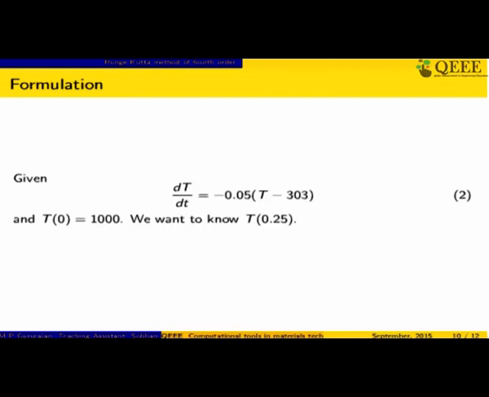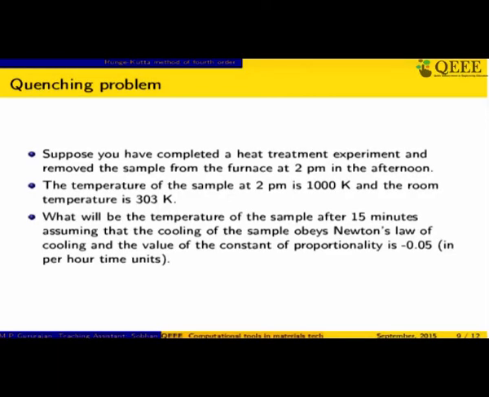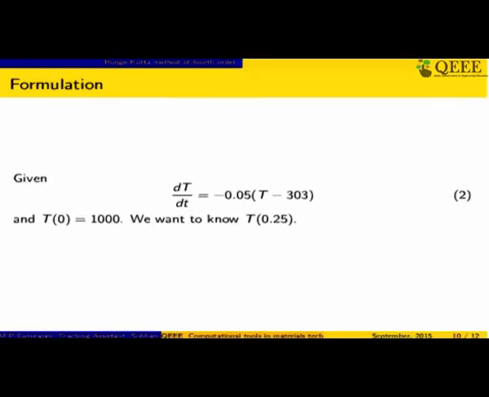And we know that at time t equal to 0, the temperature is 1000. What we are interested in knowing is the temperature at time 0.25, because we said after 15 minutes, and this is in per hour time units. So 15 minutes is basically a quarter of an hour. So T at 0.25 is what we are interested in knowing.